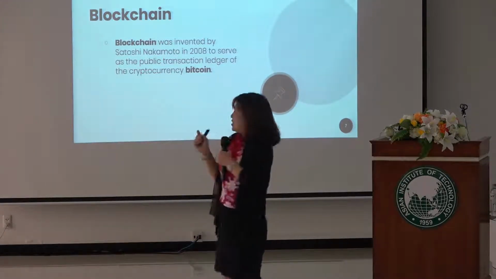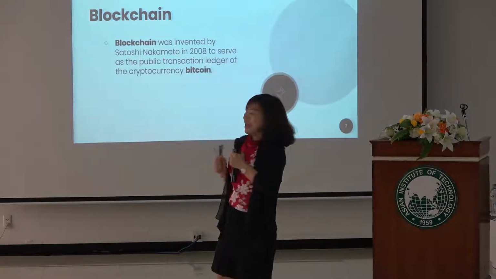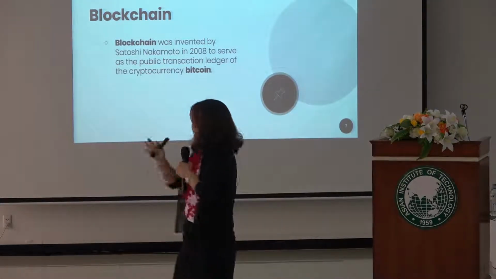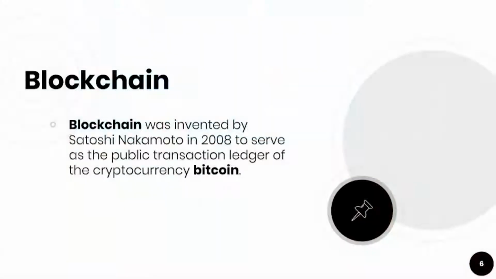So the intention is to use blockchain to serve what we call a public transaction ledger. And it's of course the foundation technology that underlies what we call Bitcoin. Bitcoin is a kind of digital money, cryptocurrency.